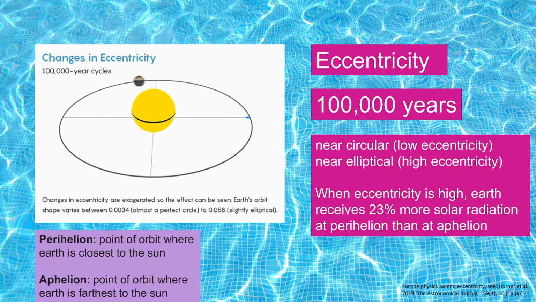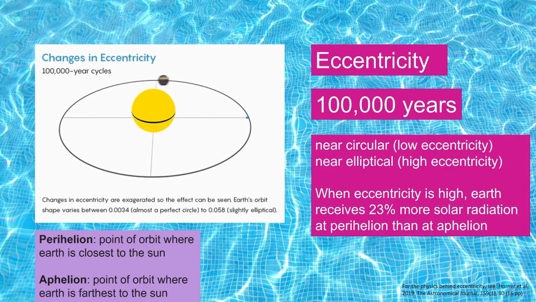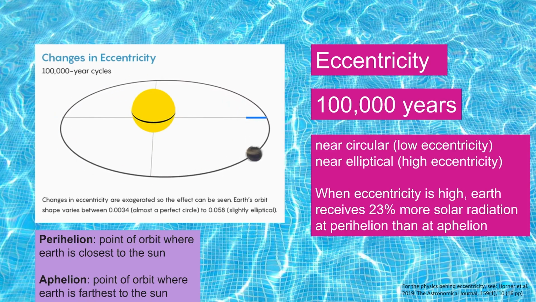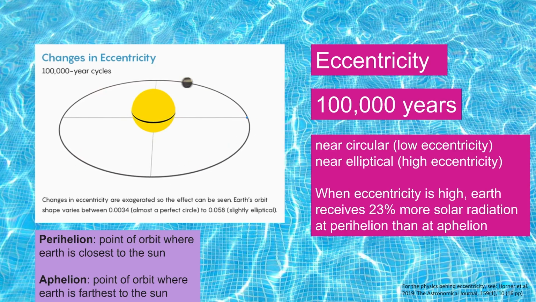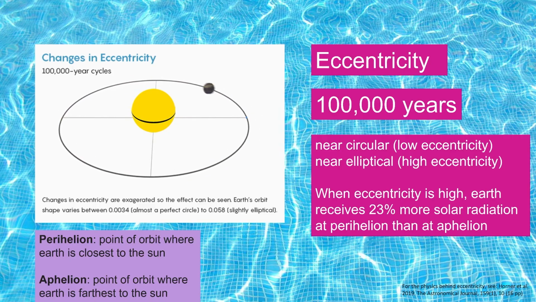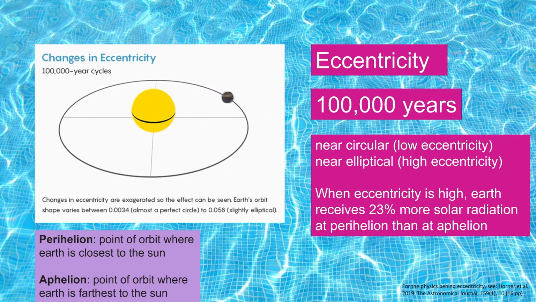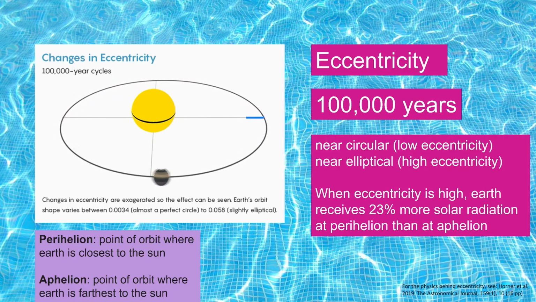If it's an elongated orbit, the difference between those two points is going to be pretty significant. But if the orbit is more of a circle, then there's not going to be as big a difference in how much energy gets to the Earth during those periods. So it can really have an effect on the different parts of the season.